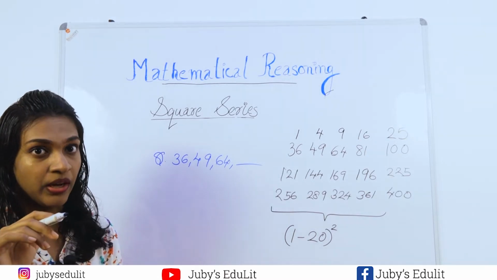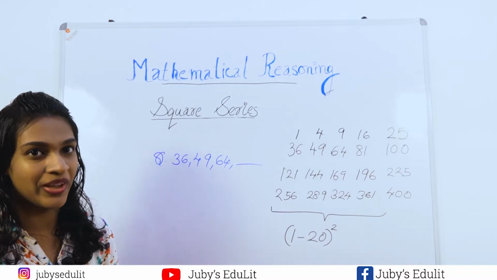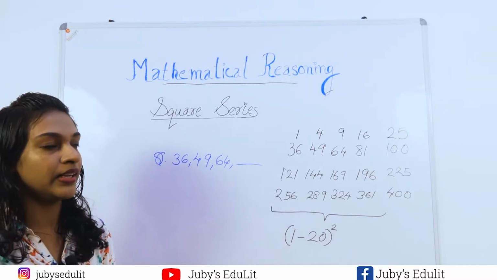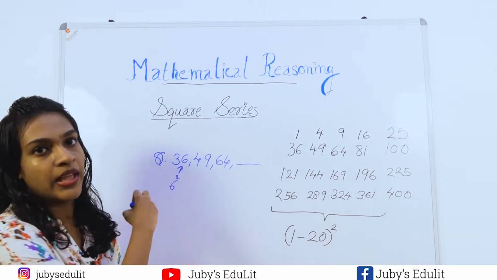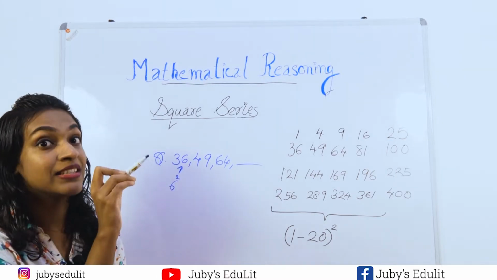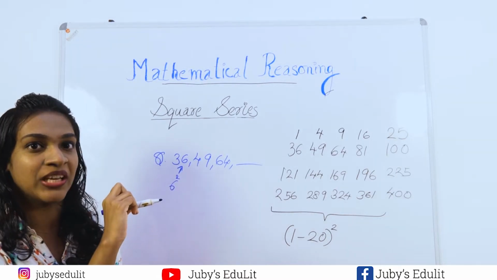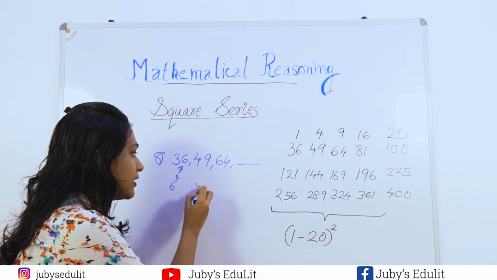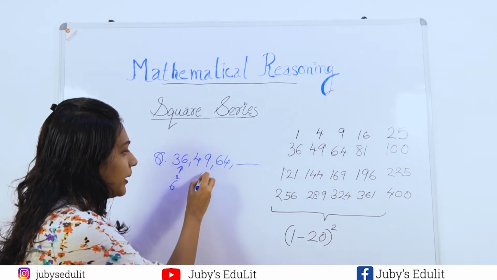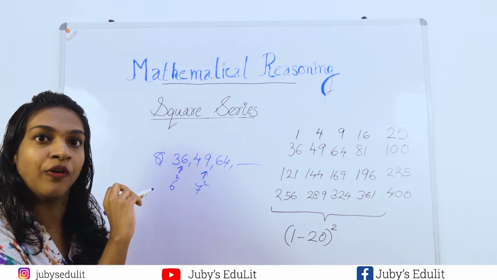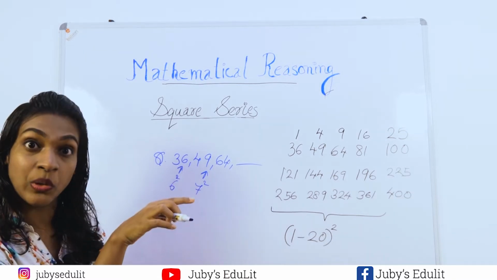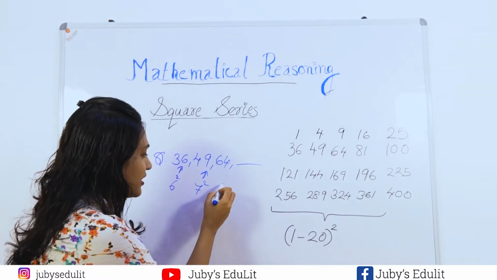So 6 square, if you have already learned the square series, you will understand that 6 square is 36. Then what is 49? It is 7 into 7 in the multiplication table. That means 7 square is 49. And what is 64? 8 into 8 is 64, and that means 8 square is 64.